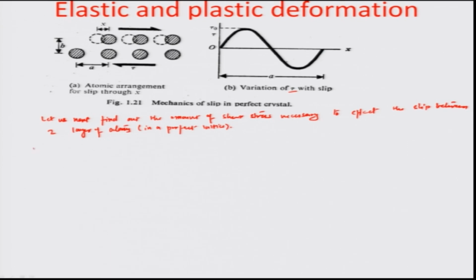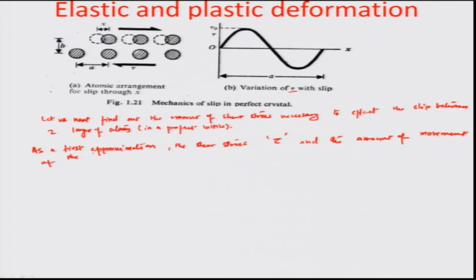As a first approximation, the shear stress tau and the amount of movement of the layer x can be related to each other mathematically. Let us look at how.